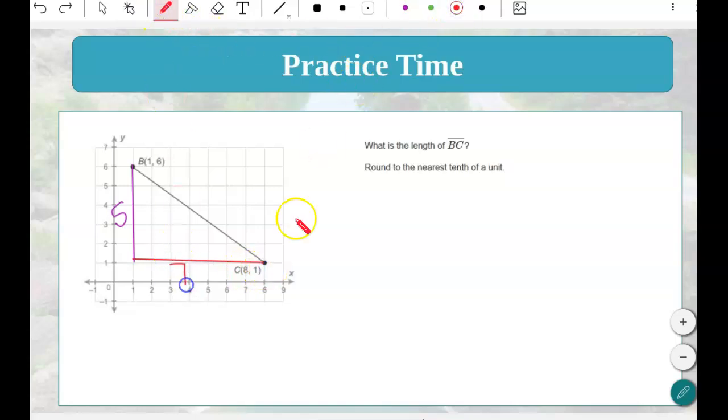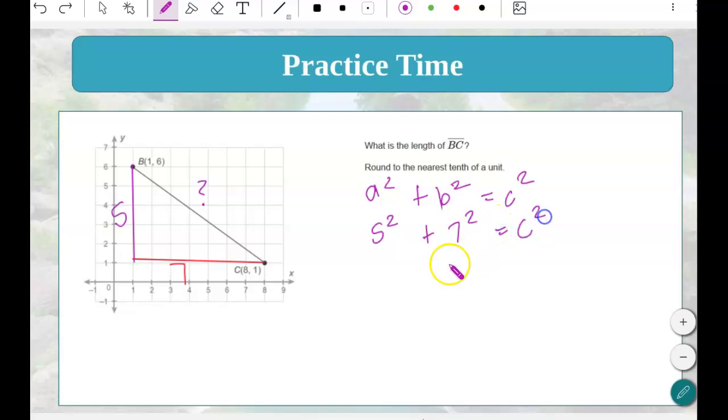This is 7. So then we're going to use the Pythagorean theorem to find this length. That's what we're looking for. A squared plus B squared is equal to C squared. So we have 5 squared plus 7 squared is equal to C squared. That's 25. 7 squared is 49.